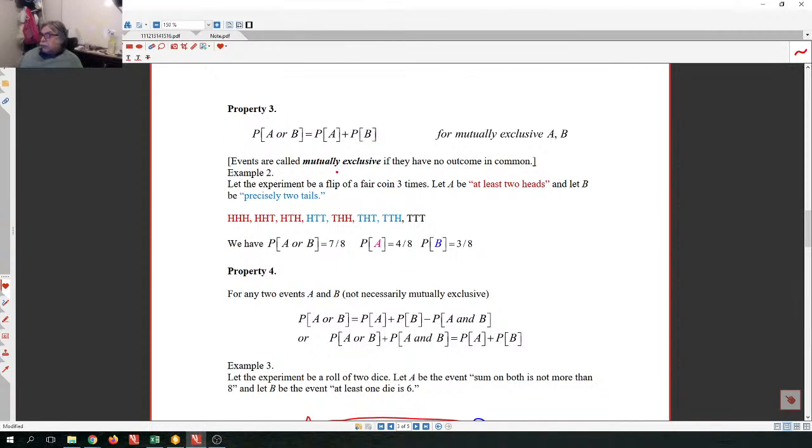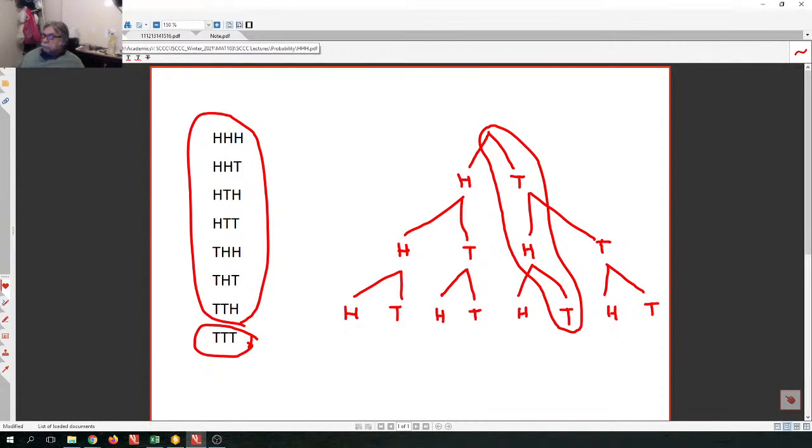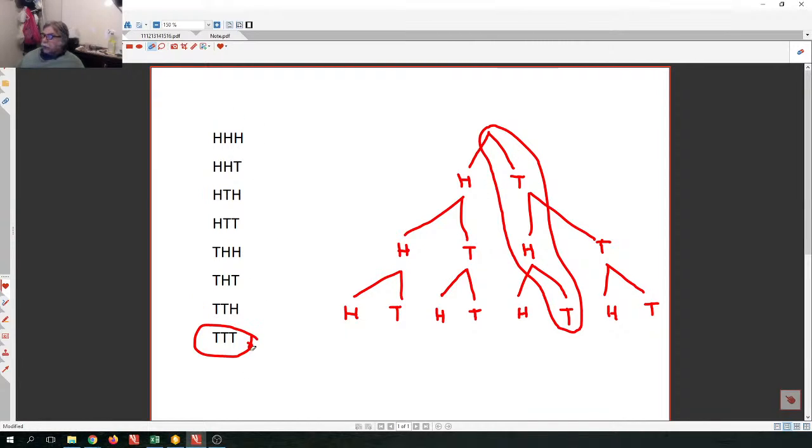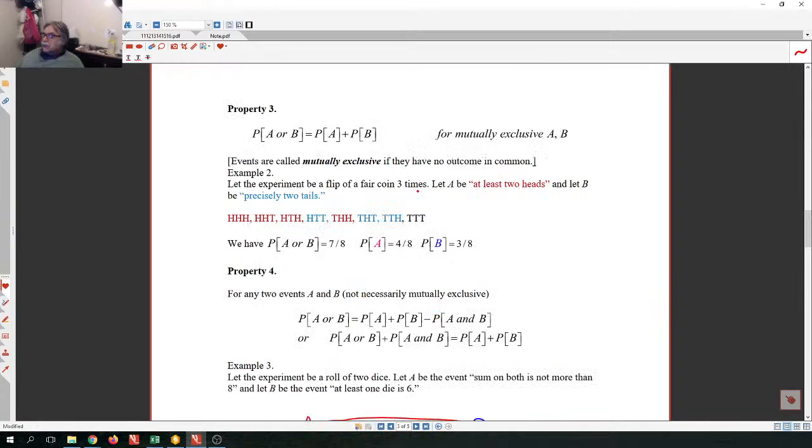Okay, so I have an example here. Let's flip a fair coin 3 times, like I already did. If I flip a fair coin 3 times, I get exactly this as my sample space: these 8 possible outcomes. Let the first event A be at least 2 heads.